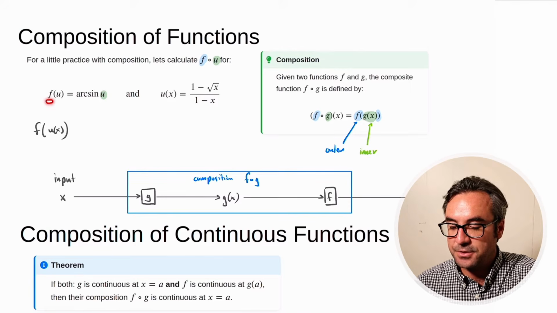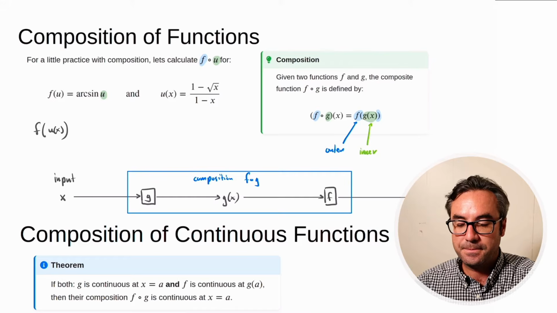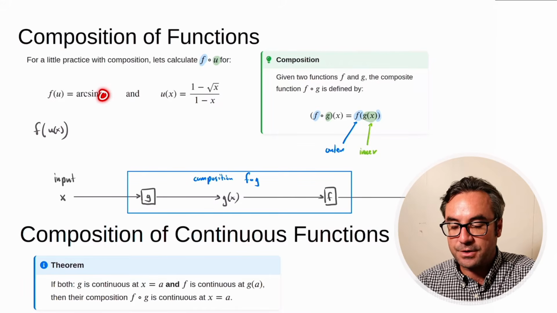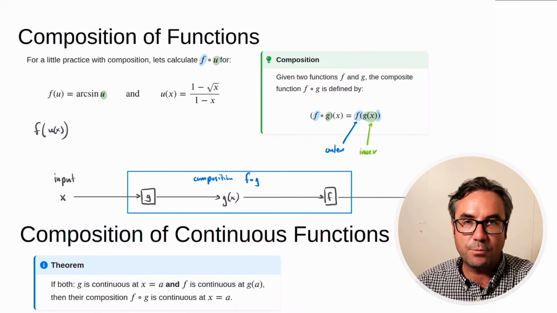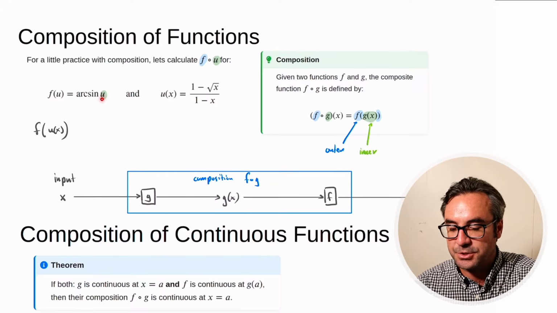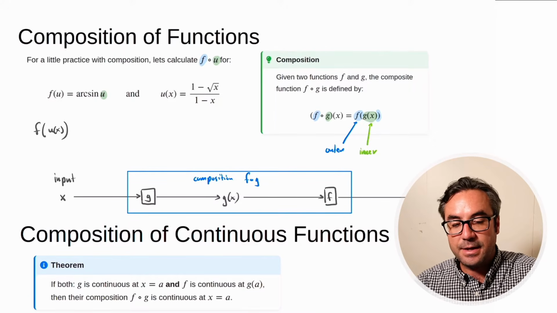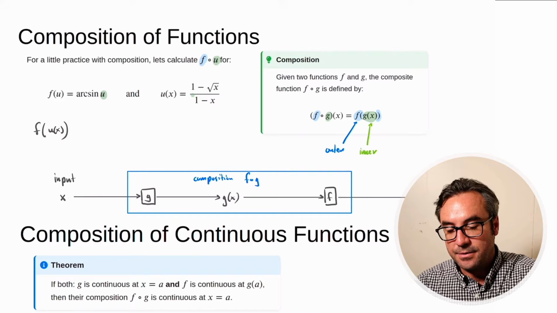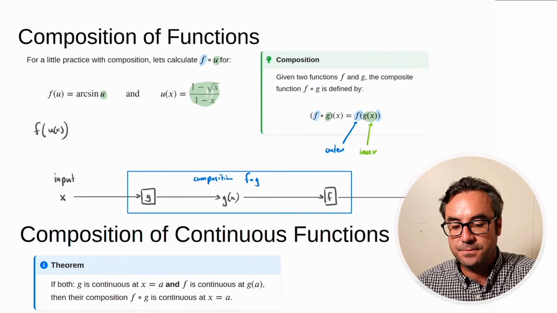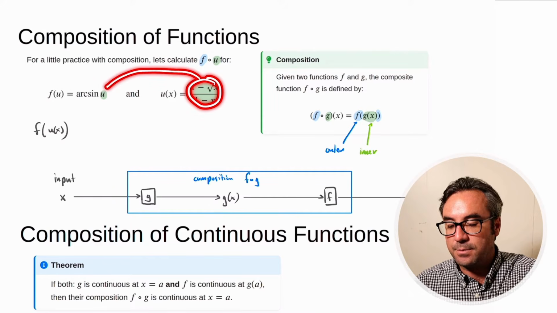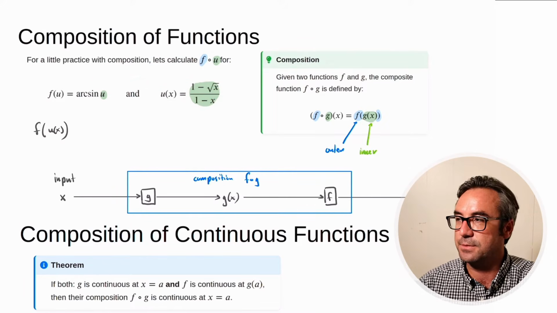In this case, function f is inverse sine of u, and there's our variable. Sometimes you might have more than just one variable, but in this case we just have that one variable. And our inner function, the formula for u, is this whole fraction. So the idea is we're going to take this whole piece here, and this is our u value, and we're going to plug it in to that outer function.